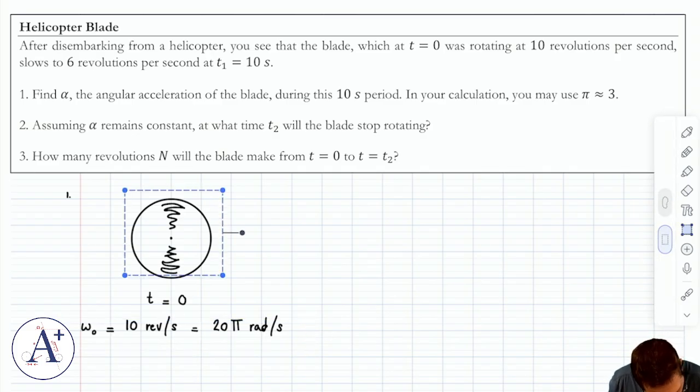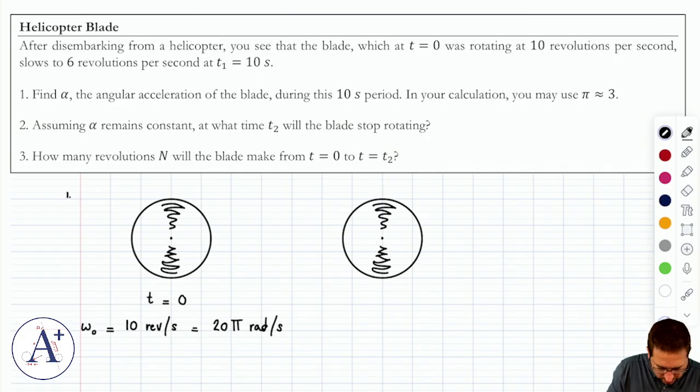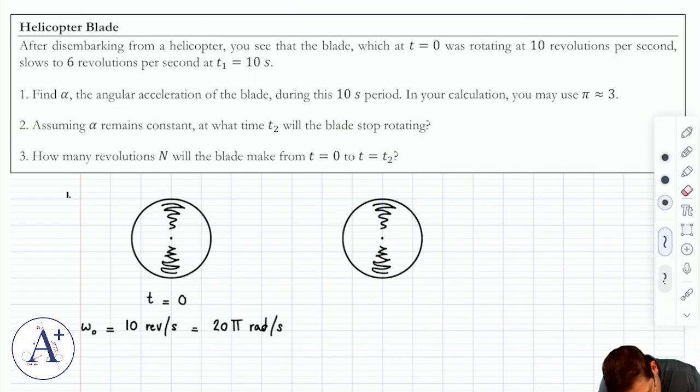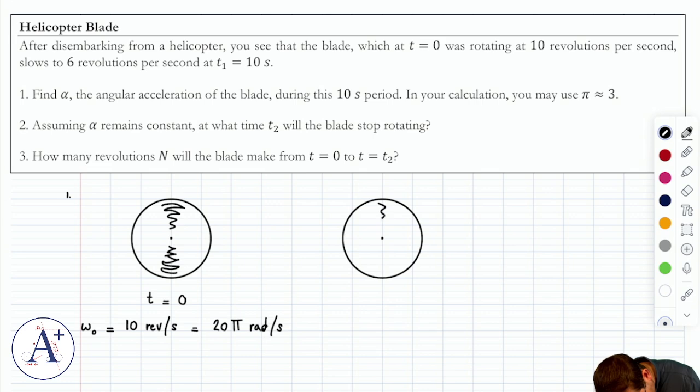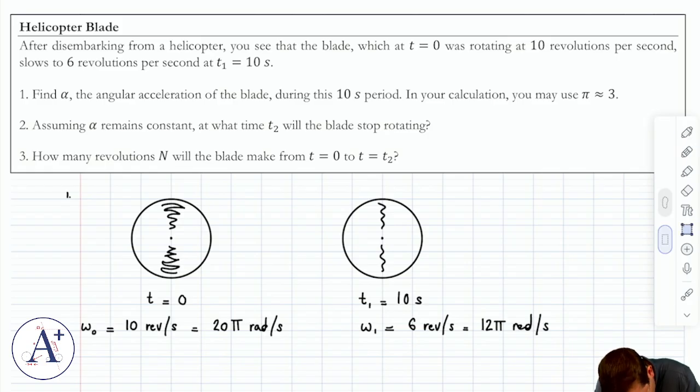Then if you wait a little bit, this is going to be rotating, but not so fast anymore. This is t1, equal to 10 seconds. And omega 1 is how fast it's spinning. We actually know omega 1: 6 revolutions per second, times 2 pi, is 12 pi radians per second.